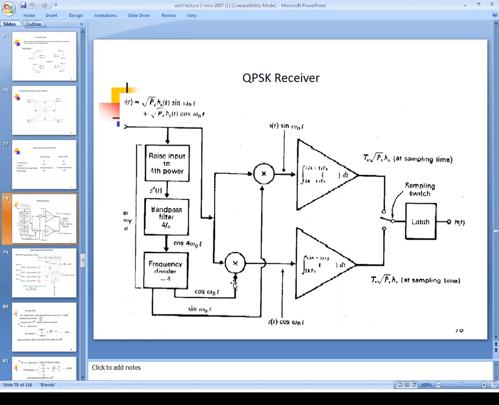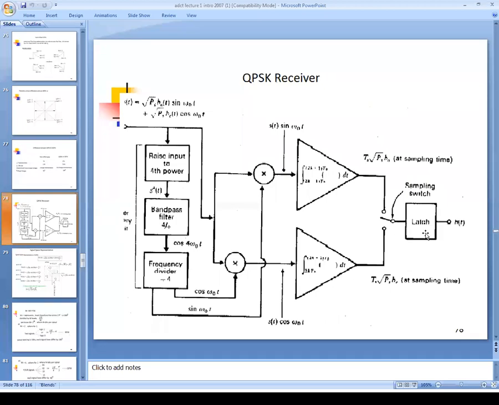If the bits belong to the odd ones, one carrier applies; the other carrier belongs to the even ones. Likewise, even bits are received. So the even bits are received and given to the sampling switch.